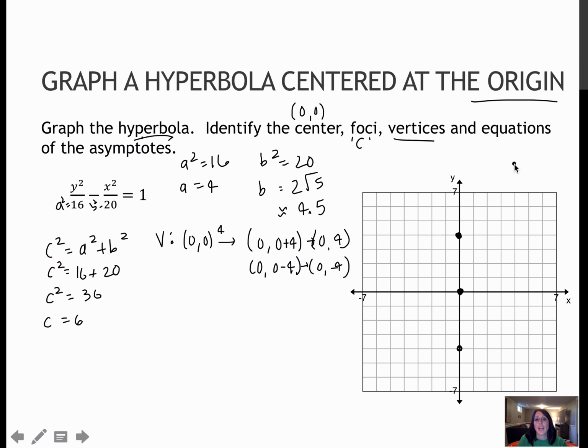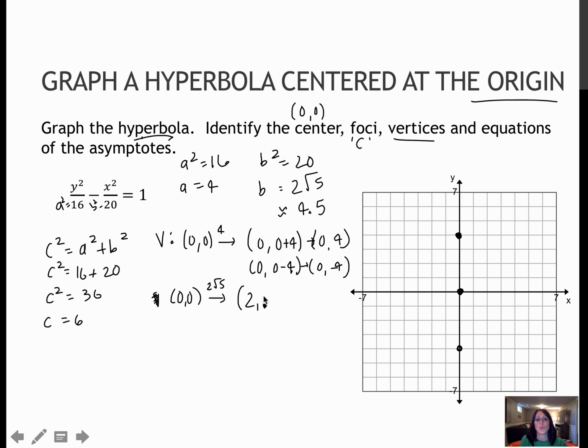The equations of the asymptotes I'll get to in a little bit. They didn't ask us for the other endpoints, but I am going to use my center of (0, 0) and my 2 radical 5, adding and subtracting that from the x value.